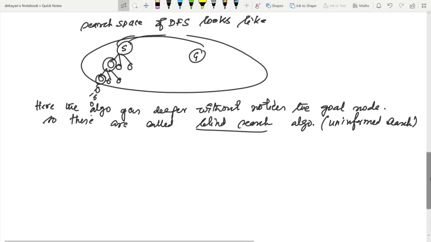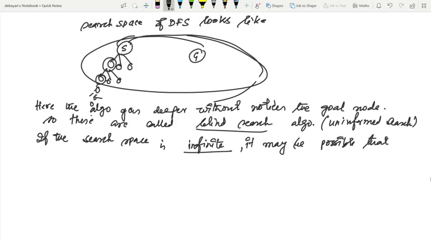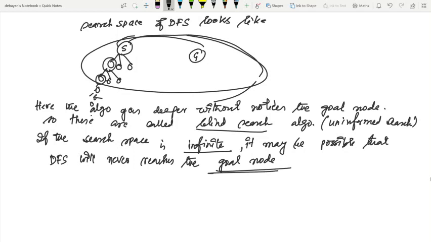If this search space is infinite, then it may be possible that your DFS will never reach the goal node.